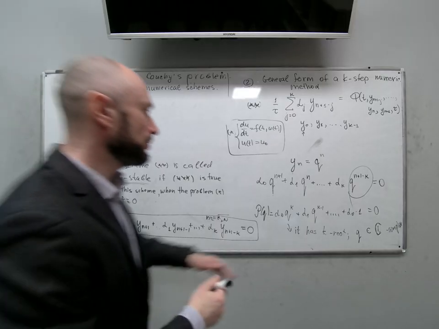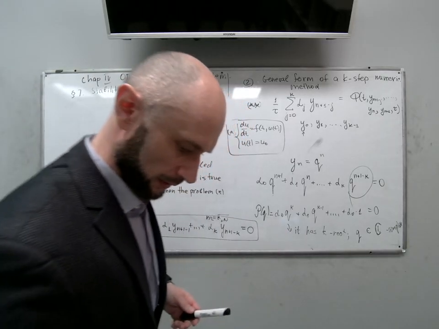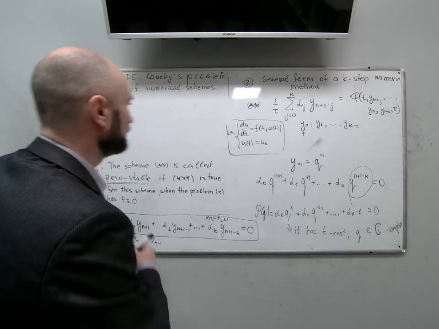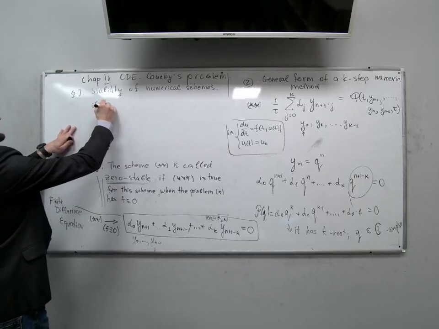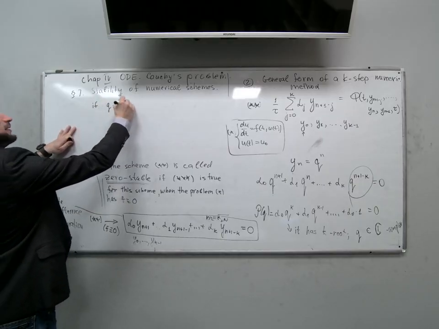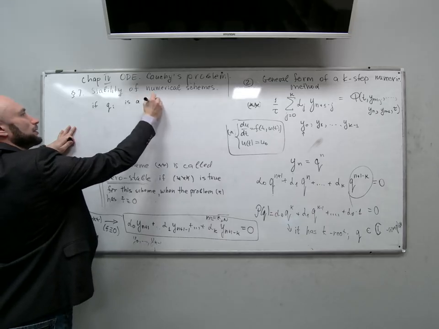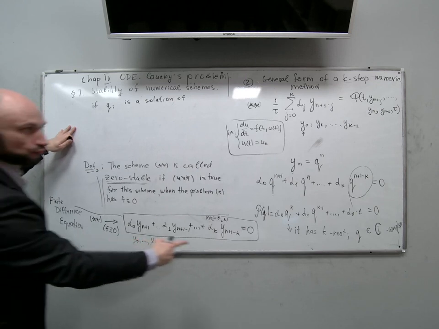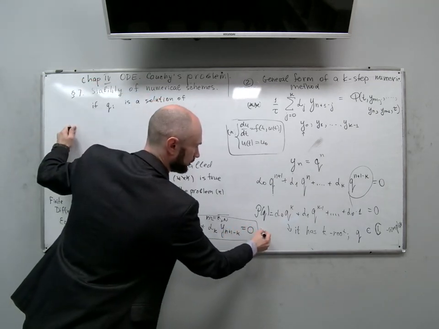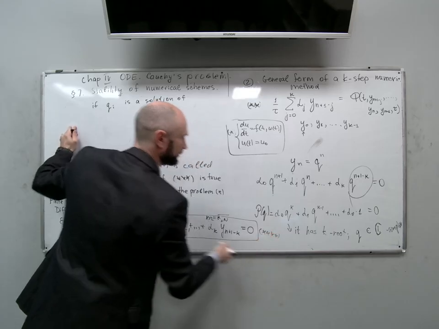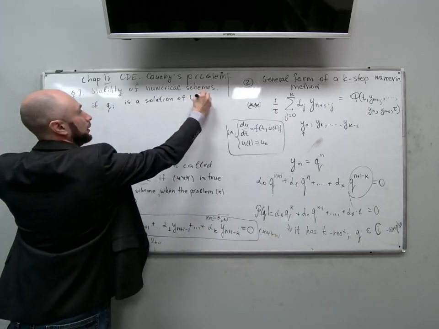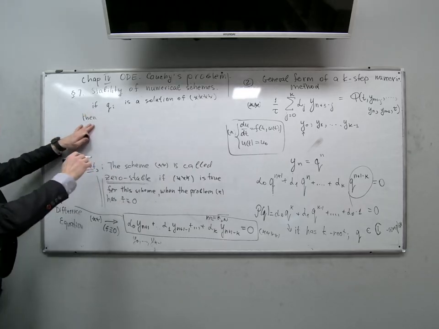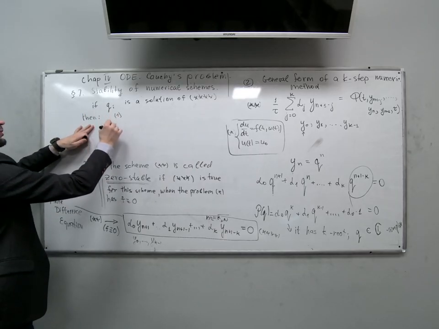So if q_i is a solution of four stars, then there are two options.